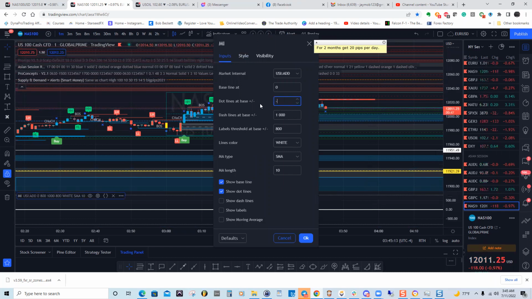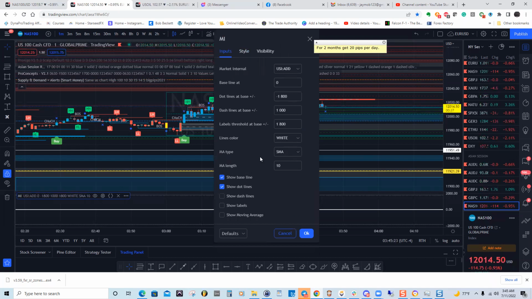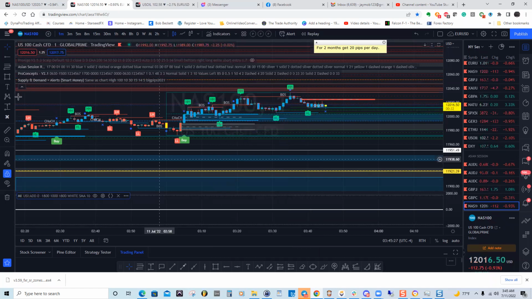I think it's 1800 and 1800. All right. So this is how I use the market internals to trade this thing. All right, so this is where I'm at here. Let's see. I don't know, the candles are the same way, right?